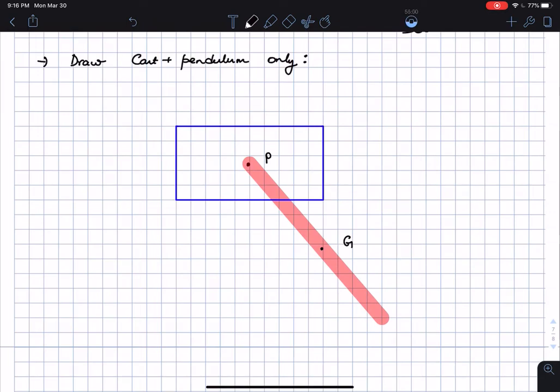Everything is in a planar direction, so they're all holonomic constraints. I'm just going to write that out very quickly: all constraints are holonomic by inspection, which means that the system is holonomic.